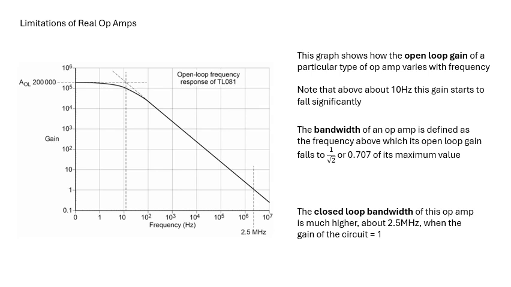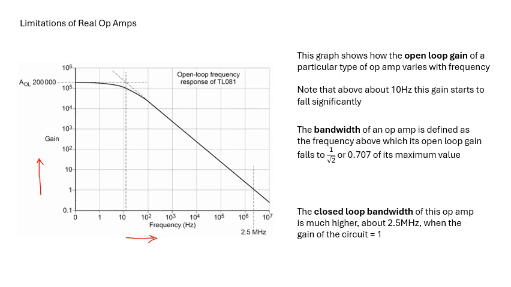If you look at this graph, note that it's a logarithmic scale, so it's going up in powers of 10, and the gain is going up in powers of 10 as well. But the gain above 10 hertz starts to fall really, really rapidly.